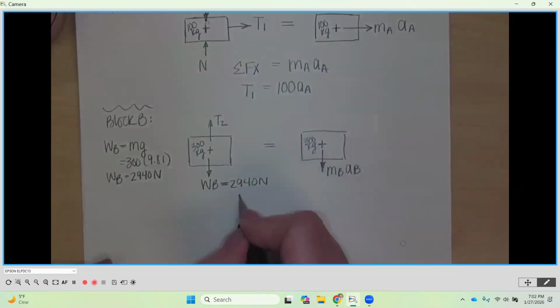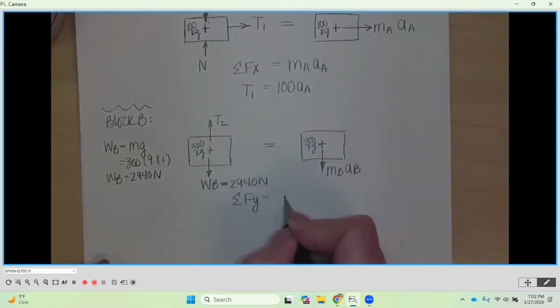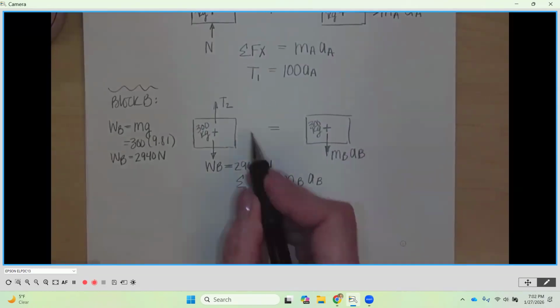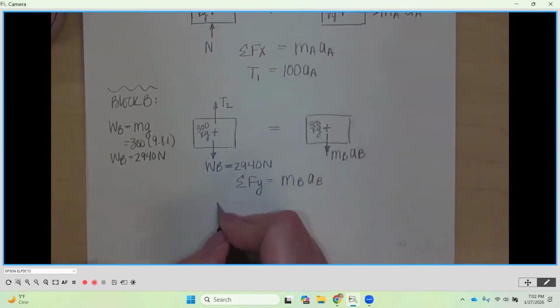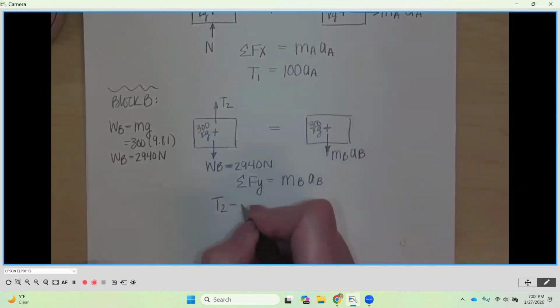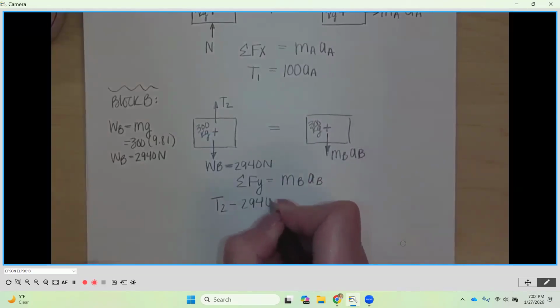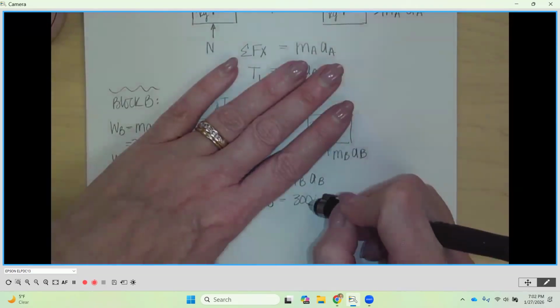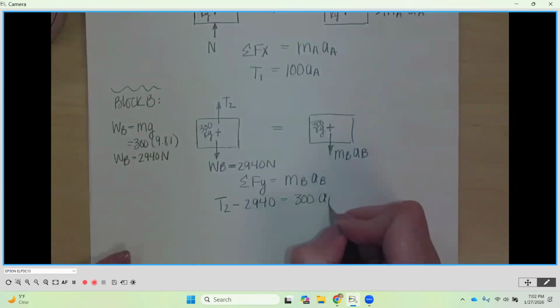So now we're going to say the sum of the forces in the Y equals mass B times acceleration B. Looking at the sum of our forces in the Y, we've got T2 minus 2940 is equal to 300 times the acceleration of B.